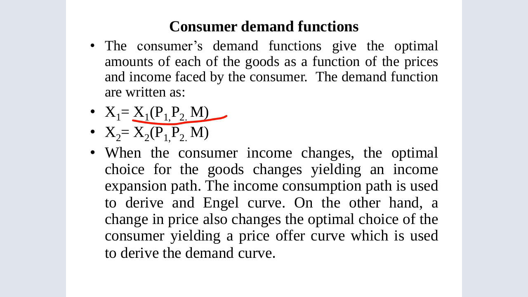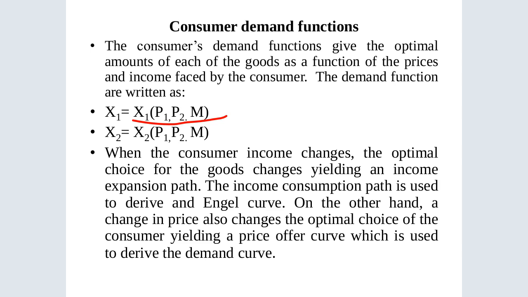Now, on the other hand, when there is a change in the price, optimal choices also change. So if the price of the commodities changes, the optimal choice changes, and this yields what we refer to as the price offer curve, which is used to derive the demand curve.